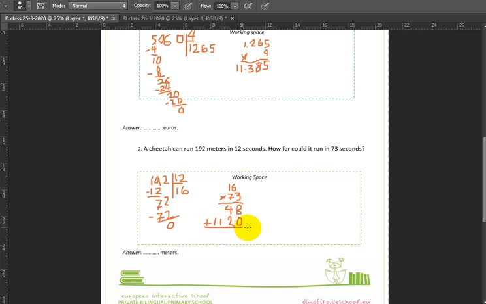We add and we say 8, and then 4 and 2 makes 6, then 1 and nothing makes 1 and 1. So my result is 1,168. I would write that here as well.